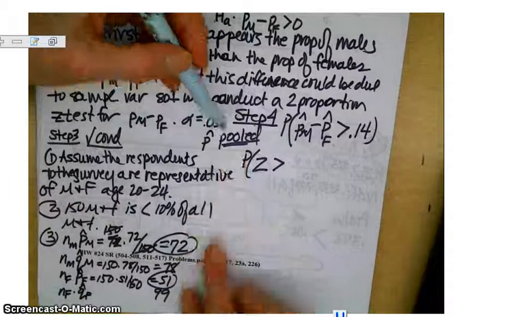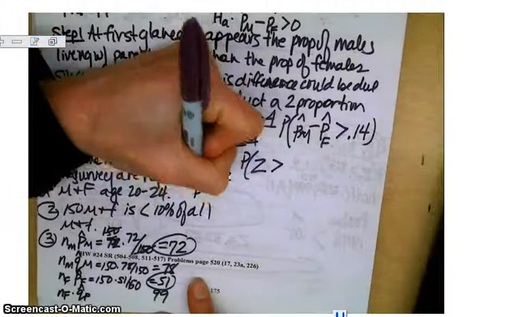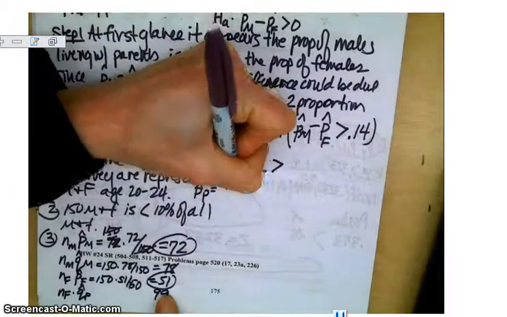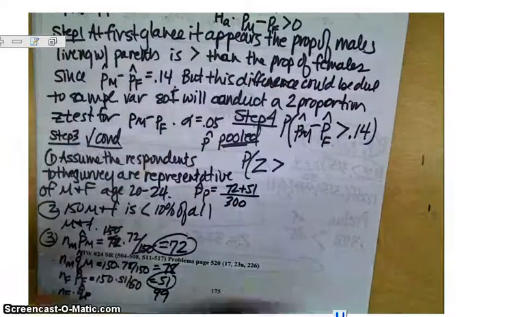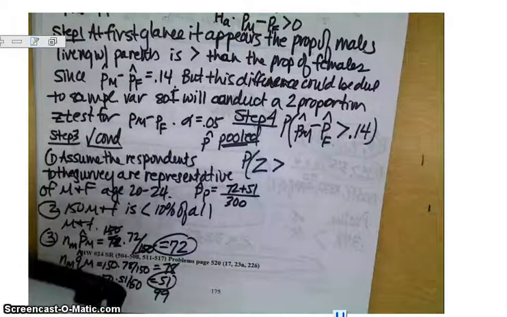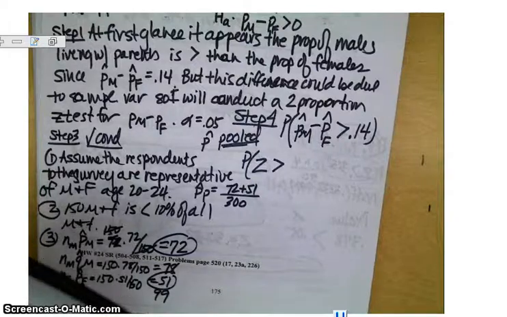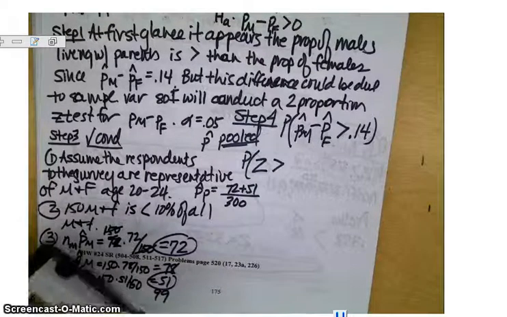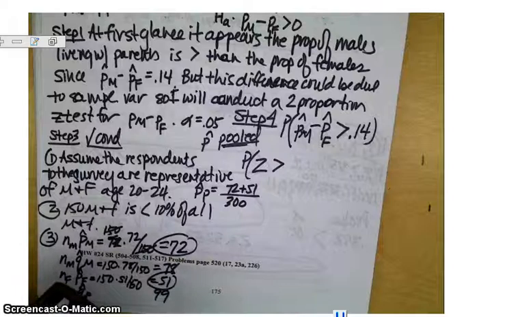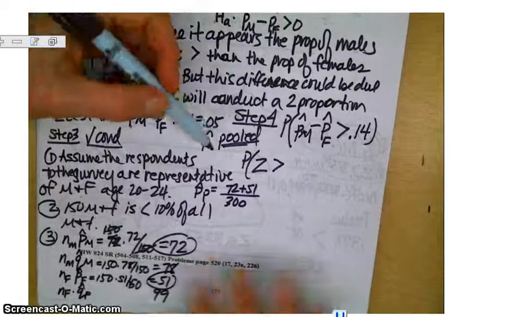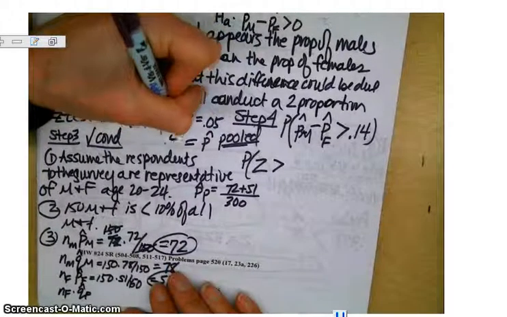So to find the P hat pooled, you take 72 plus 51 and divide it by 300, because that's how many altogether. Typing it into my calculator, 0.41. So the P hat pooled is 0.41 here.